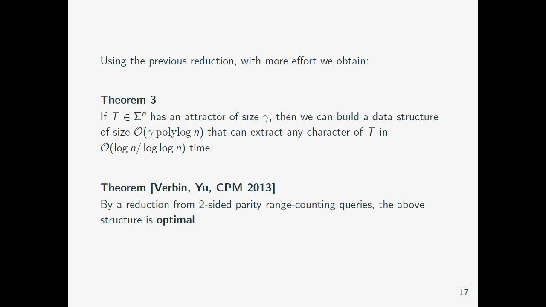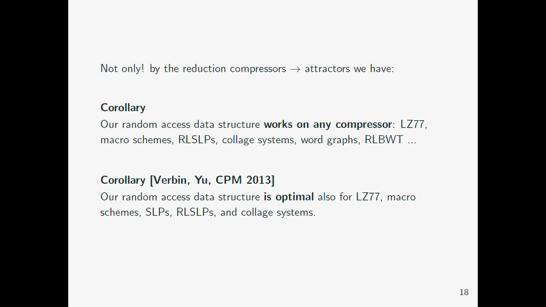This is a theorem from 2013, and it was proved for grammars. We adapted their proof. It's easy to adapt to our case, and this shows that this structure is optimal. You can't do better than this in this space. And not only that, but by the reduction from compressors to attractors, our data structure works for any compressor.